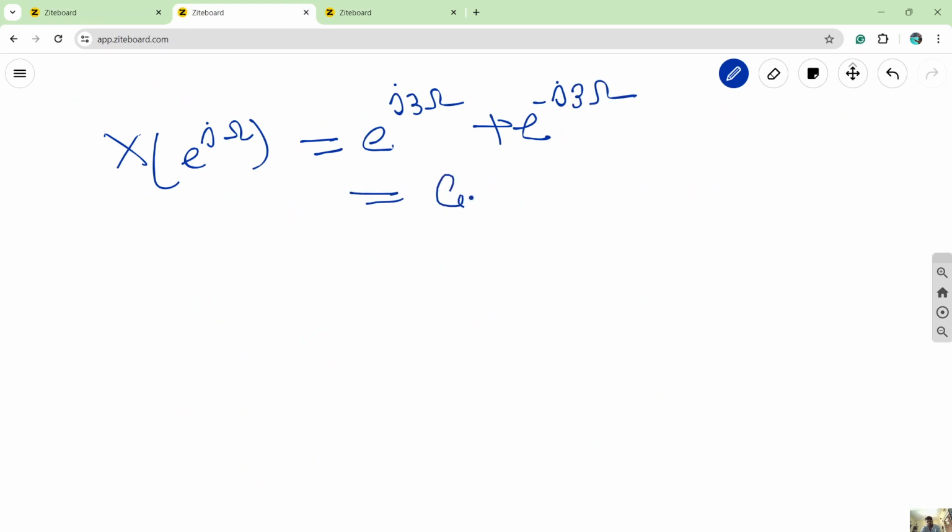That is actually cos 3 omega multiplied by a factor of 2. This is the answer.